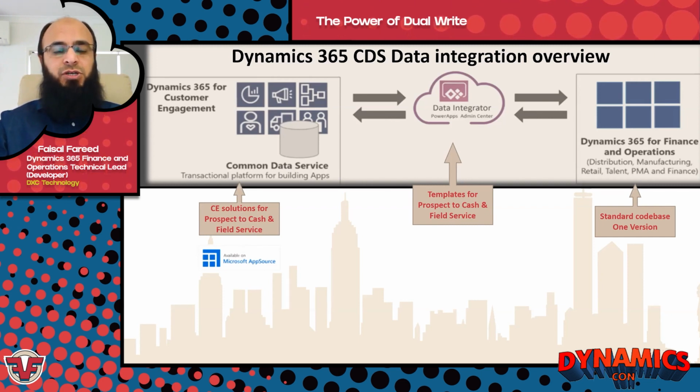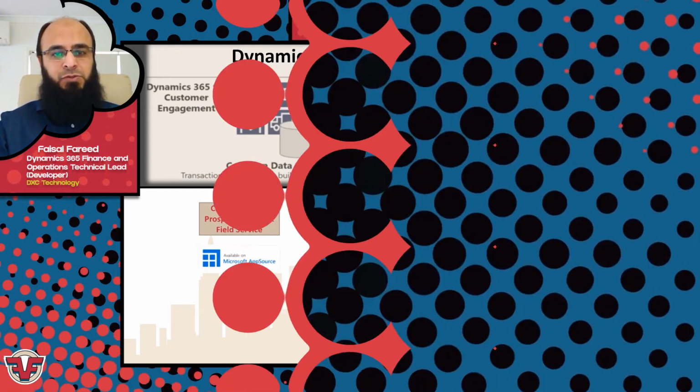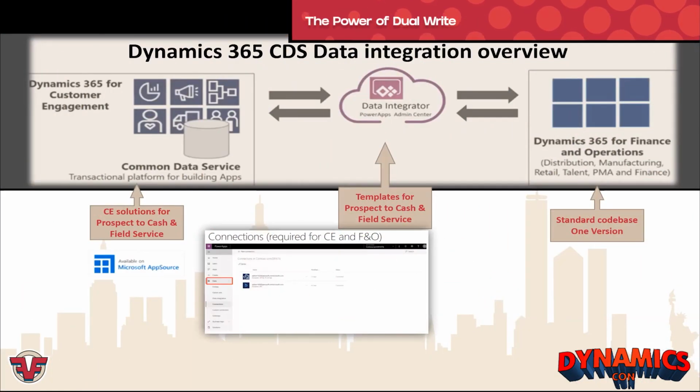These two solutions have to be installed into the CE environment, and they are available in Microsoft AppSource. Then we have to create all the connections ourselves. These connections have to be done in Power Platform.